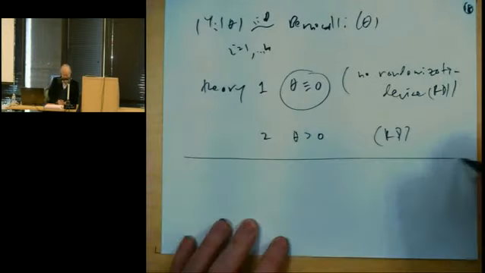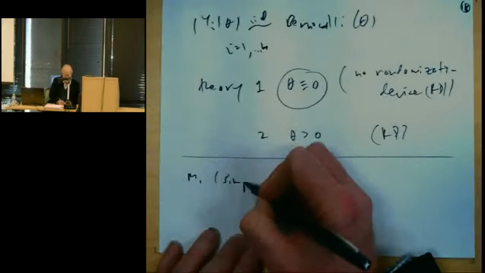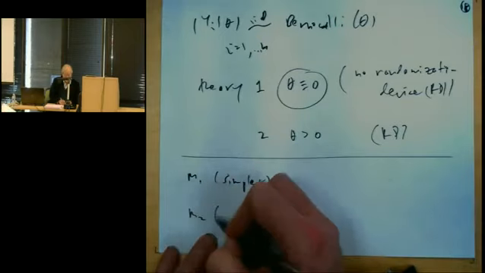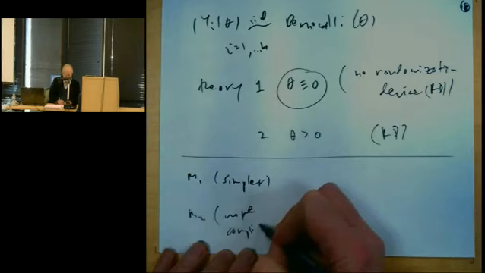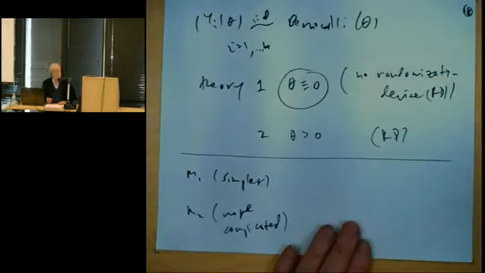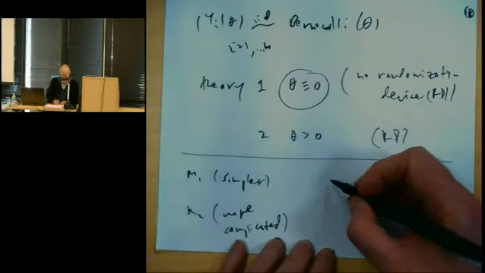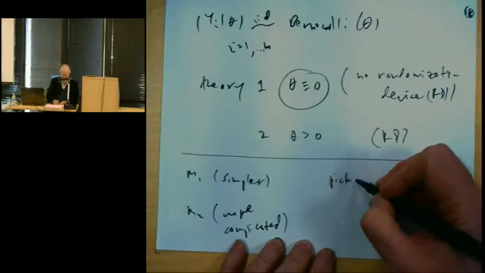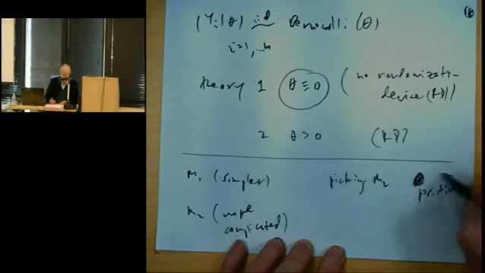Let's agree to call model 1 the simpler model, and model 2 the more complicated model, if you're making a comparison between models of different complexity. And let's call picking model 2 a positive, whereas picking model 1 is a negative.